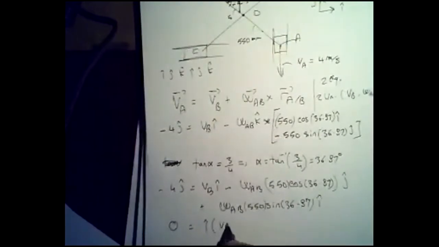I VB plus omega AB, 550 times sine 36.87 will be equal to 330.